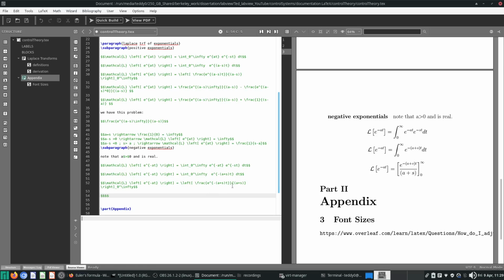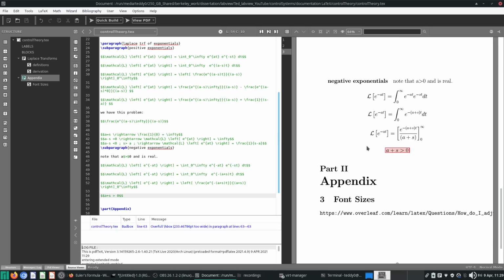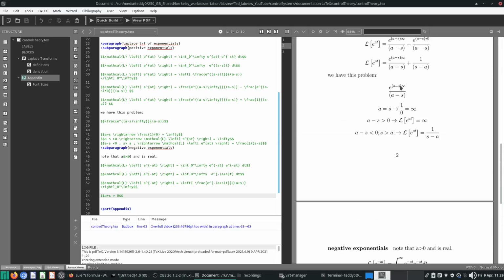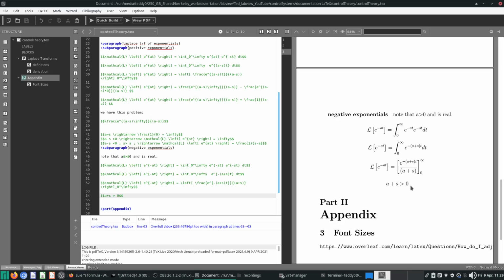Whatever your conditions are for this to work, you don't want a plus s to be a negative number. So your condition for this to work is a plus s more than 0. If not, you'll have this infinity problem again. So a plus s more than 0 for all of these things to work.